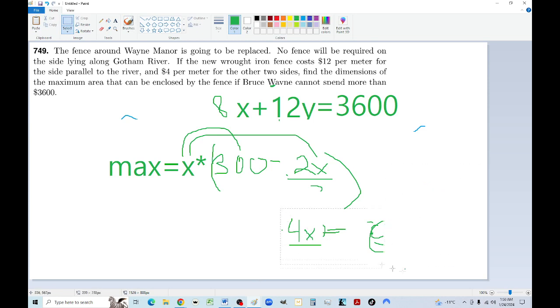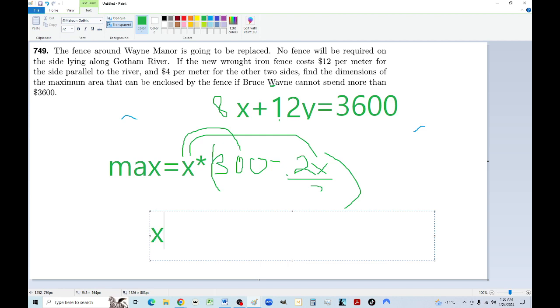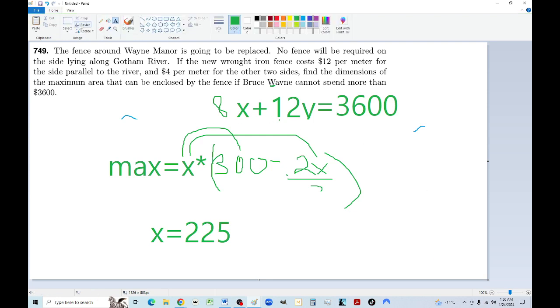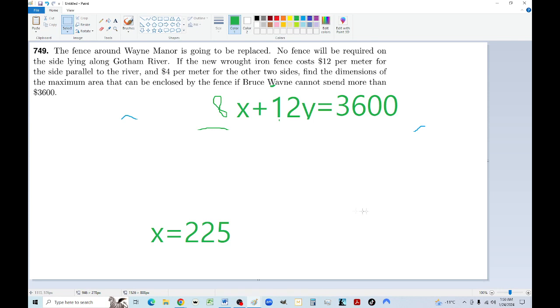That means, going back to our formula, our length of x should be 225. And if we look at that and we put it back up here, we can say, okay, well, if 225 is x here, we have 8 times 225. Did I get that right, by the way?